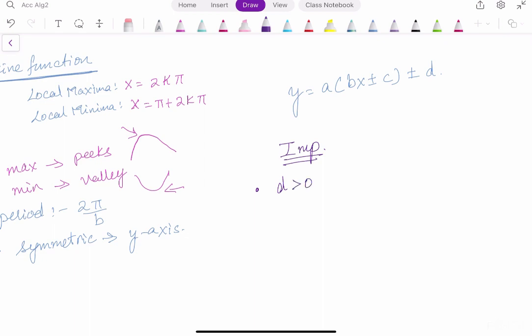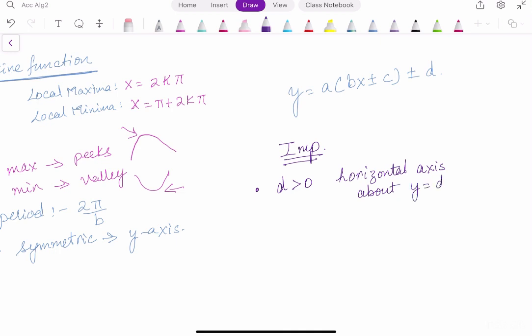Now few important things to keep in mind. The d, that is a vertical translation up and down, right? So if d is greater than 0, that implies we are creating a new x-axis above the original x-axis.